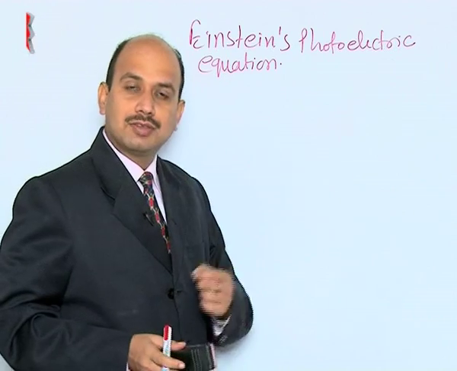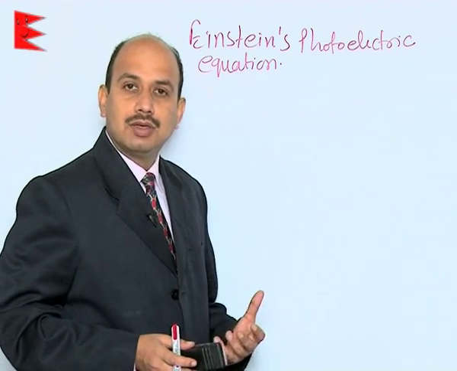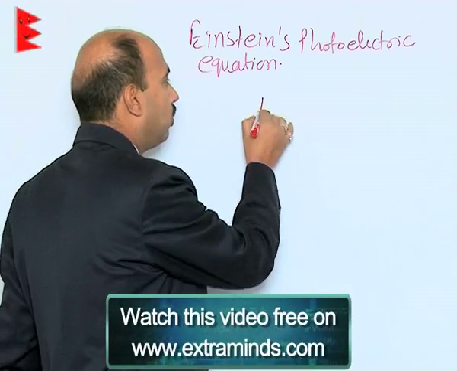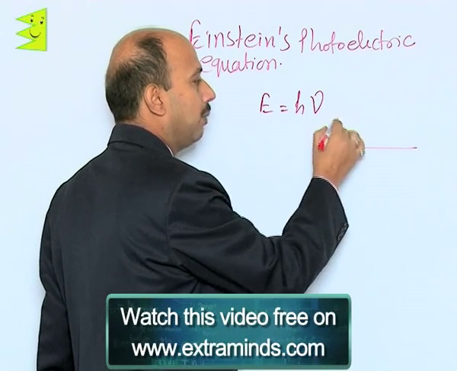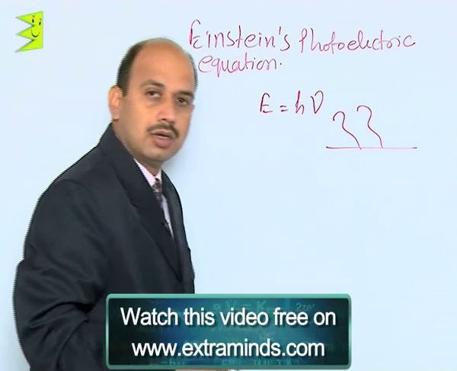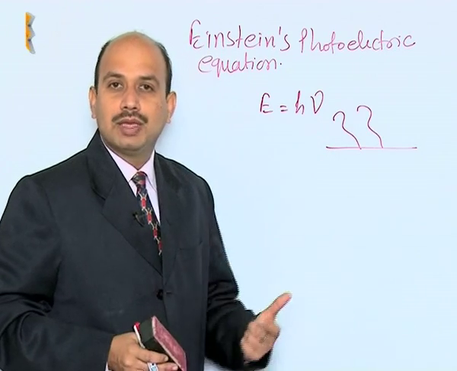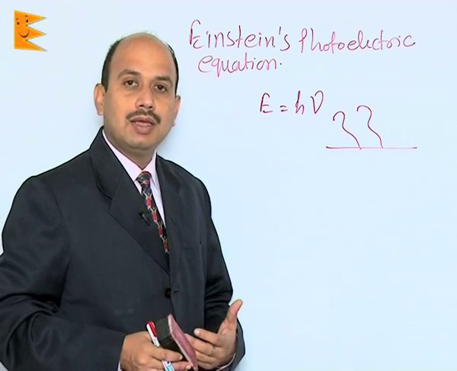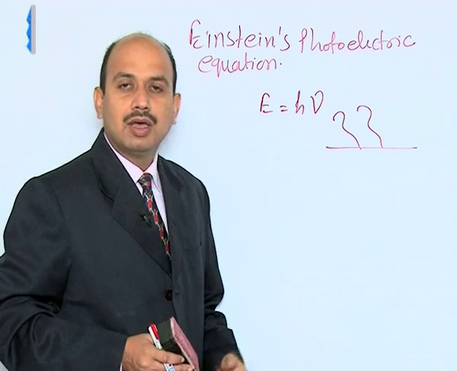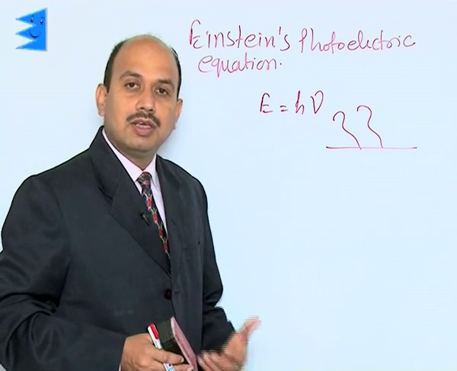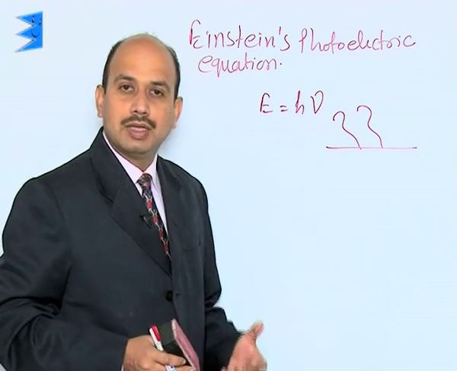According to Einstein, when the energy E is equal to h nu, that is the energy of the photon, falls on the metal plate, this energy is spent in two ways. First, to make the electron just come out of the surface, that is equal to the work function, and the second part of the energy provides the maximum kinetic energy.